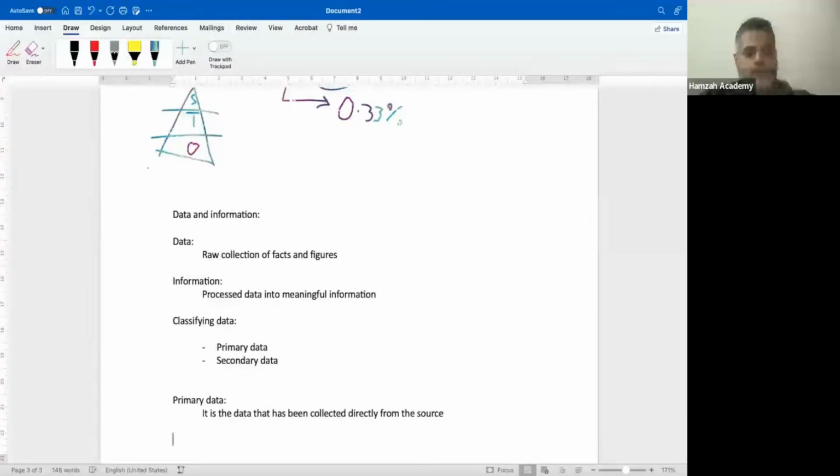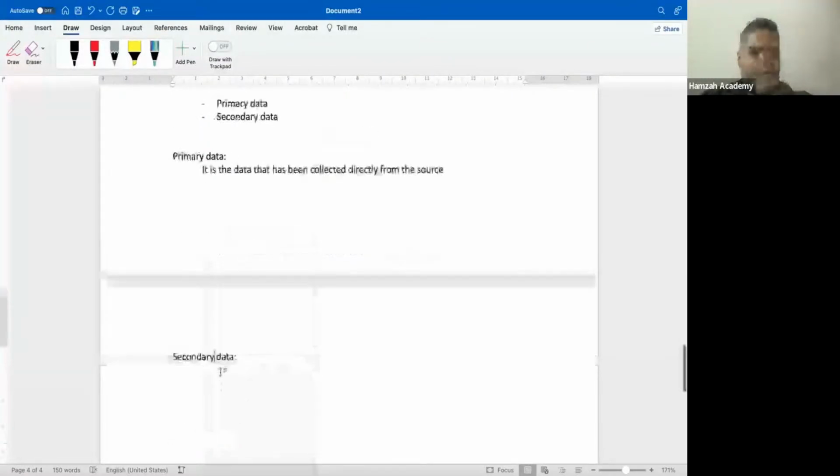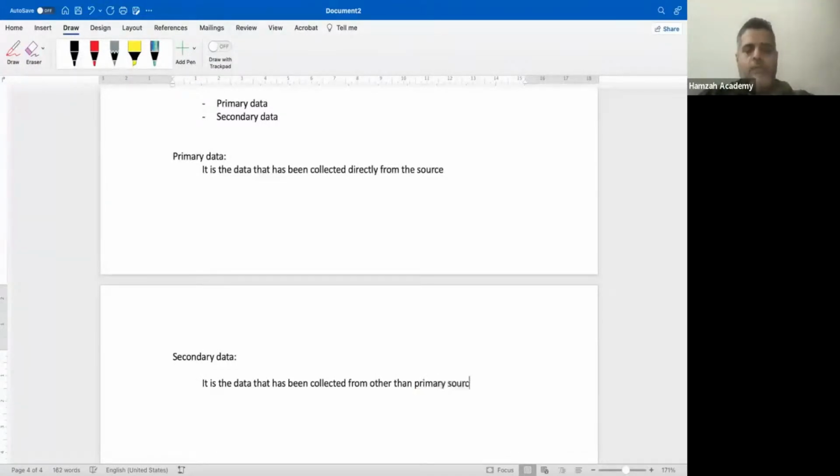And then we have the secondary data, and secondary data is the data that has been collected from other than the primary source.